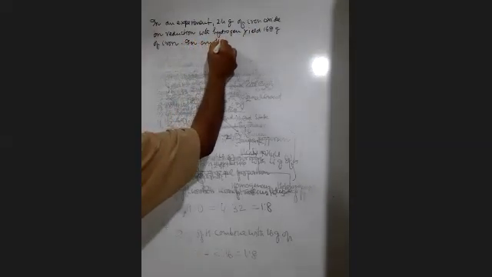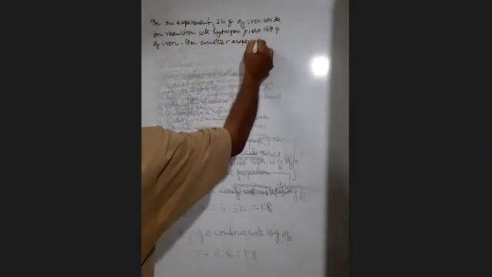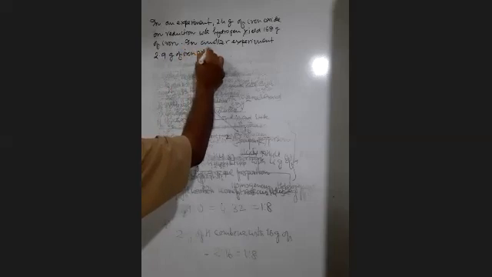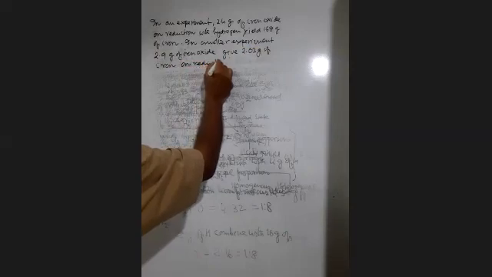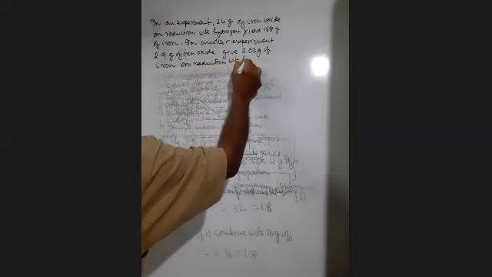In another experiment, 2.9 gram of iron oxide gives 2.03 gram of iron on reduction with hydrogen.